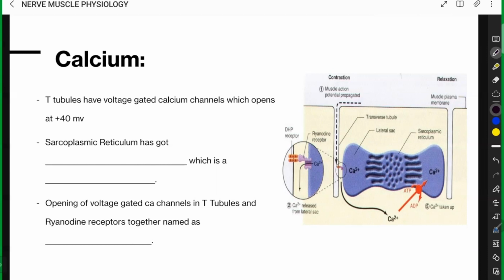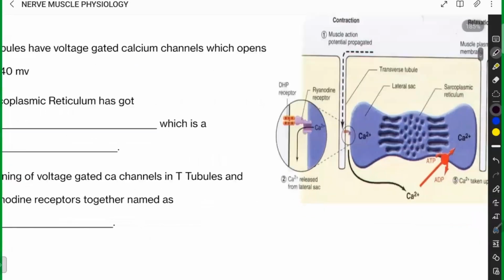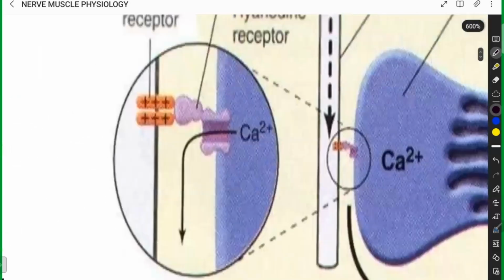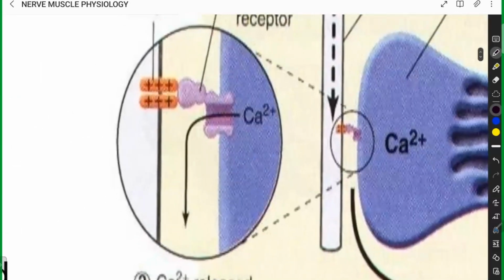The T tubule has a calcium channel called the dihydropyridine receptor. Where are these receptors present? Inside your T tubule you have certain channels, and the sarcoplasmic reticulum is present between your T tubules.